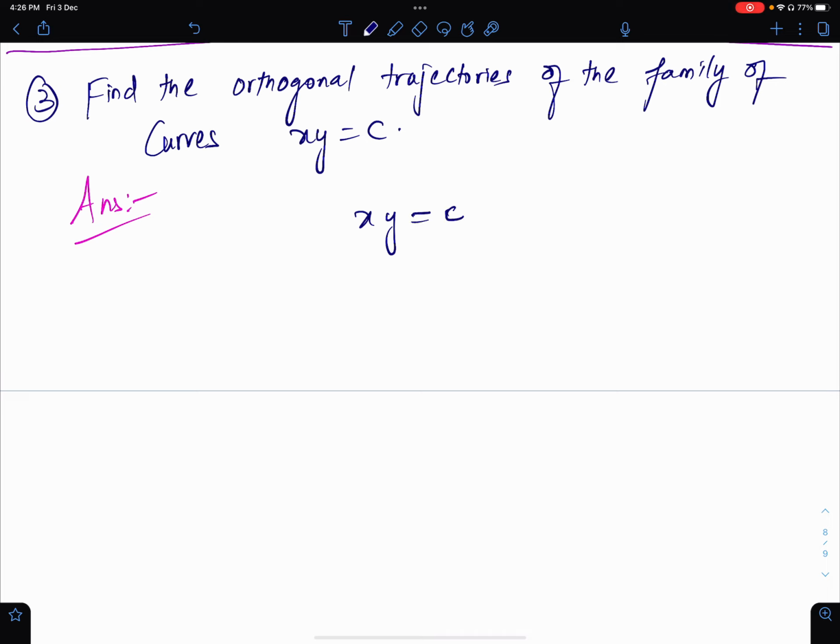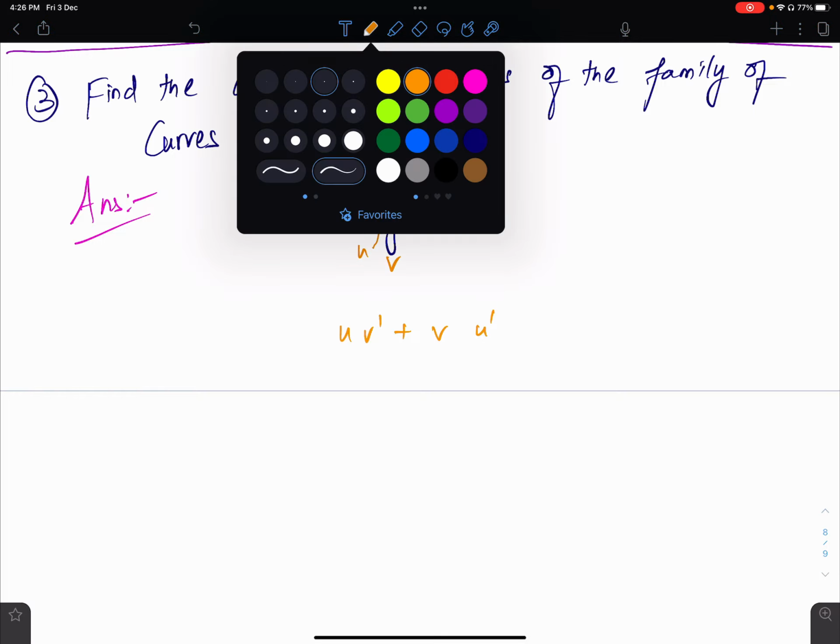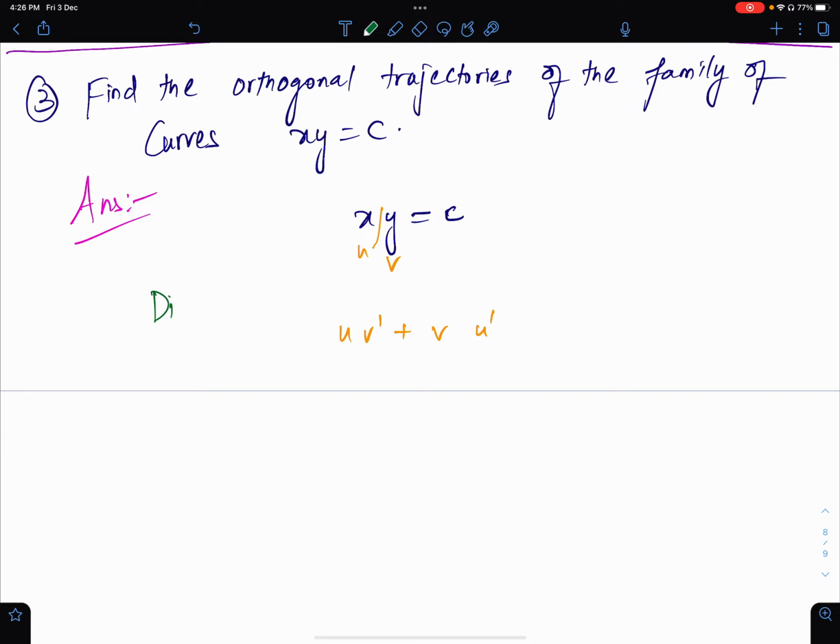If you want to differentiate, you have to use the product rule. Don't forget. This is like u and this is like v, so u v dash plus v u dash. That you have to do. These are the standard questions.